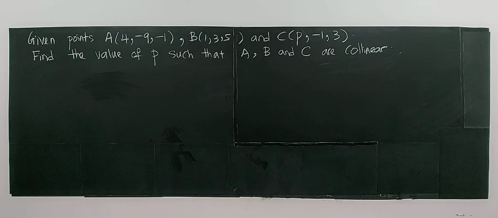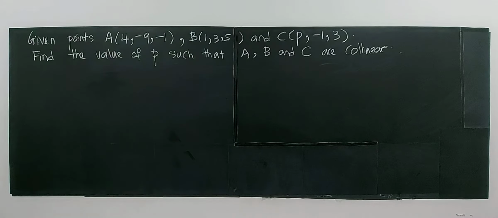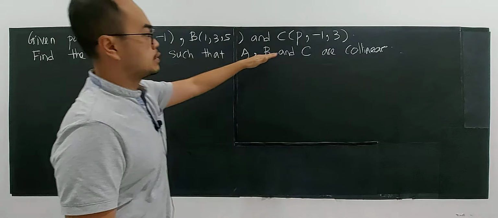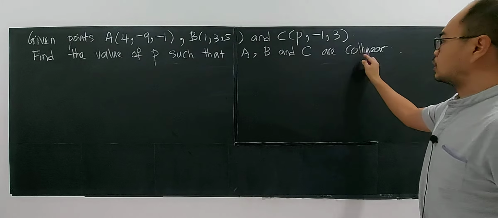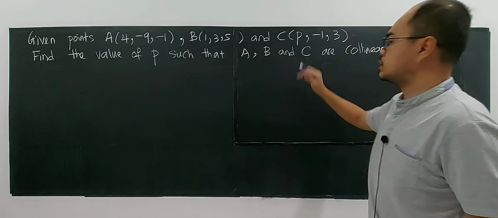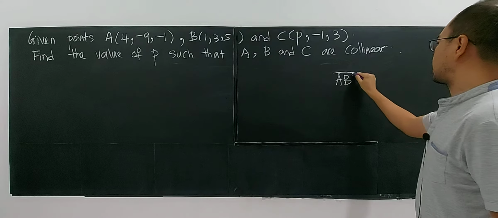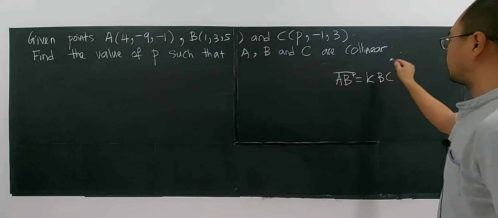After you understand the concept, you must try doing this question. It's very simple. They say A, B, C are collinear. The first thing I know is that A, B, C are collinear if AB is parallel to BC. So AB equals k times BC, and you can use lambda, alpha, beta.